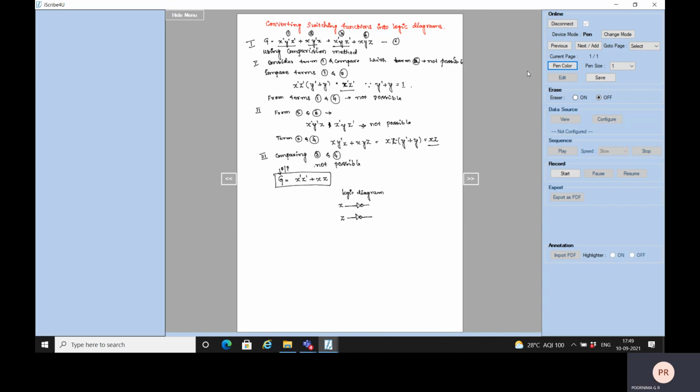X bar, z bar, and it will provide one product term. It is x bar z bar. So another term is x and z. So we can have an AND gate, and so these are the two product terms.